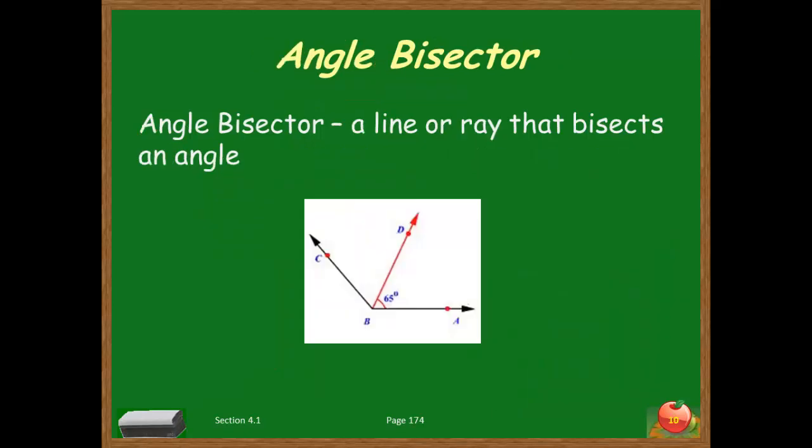Angle bisector. The angle bisector is a line or a ray that bisects an angle.